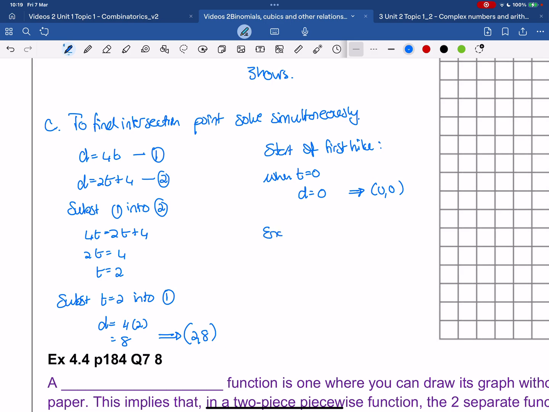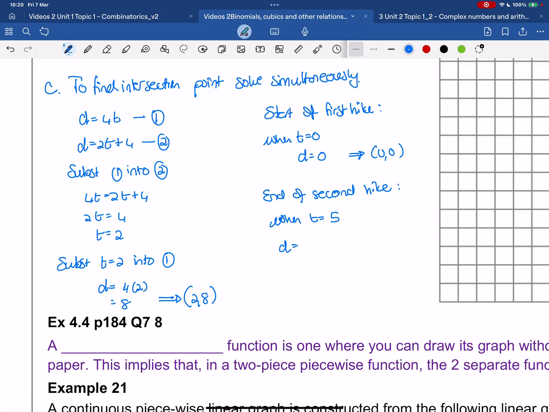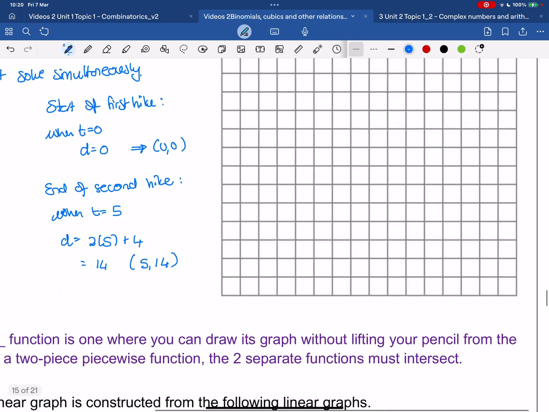And then I need to know the end of my second hike, because 2, 8 is the start of my second hike. So the end of my second hike is going to be when t equals 5 hours. And d is going to be, using my second equation, 2 times 5 plus 4, and that's going to be 14. Okay, these are both linear. I only need 2 points for each one.